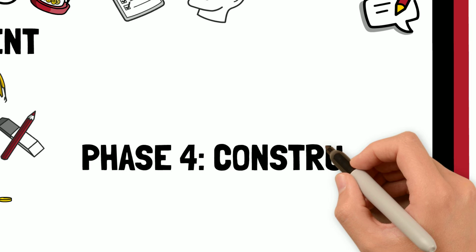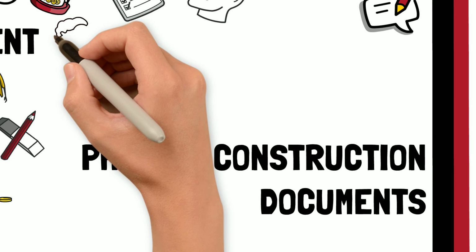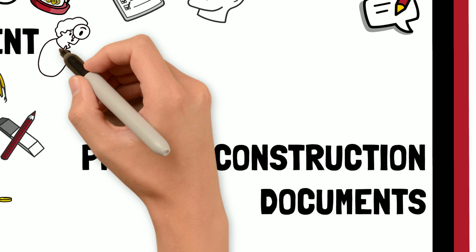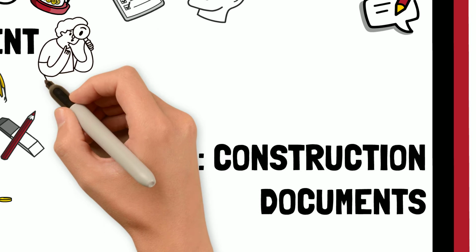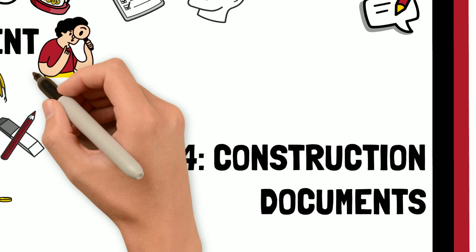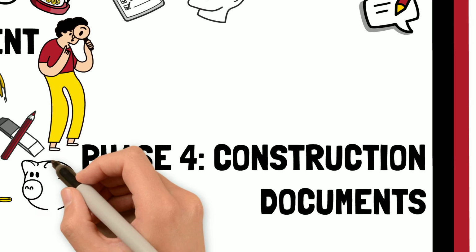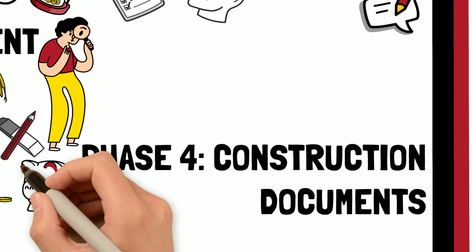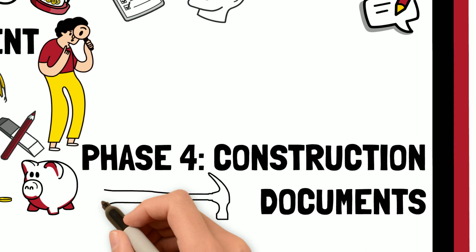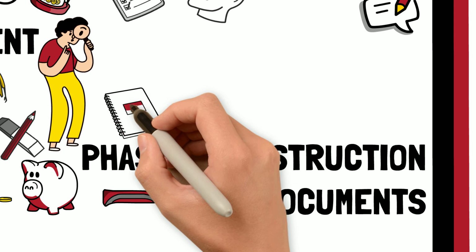Phase 4, construction documents. In the construction documents phase, the architect that you're working with will turn all of the information about your project into a detailed set of drawings and specifications that will be used by the contractor for pricing and construction. Think of it as an instruction manual.